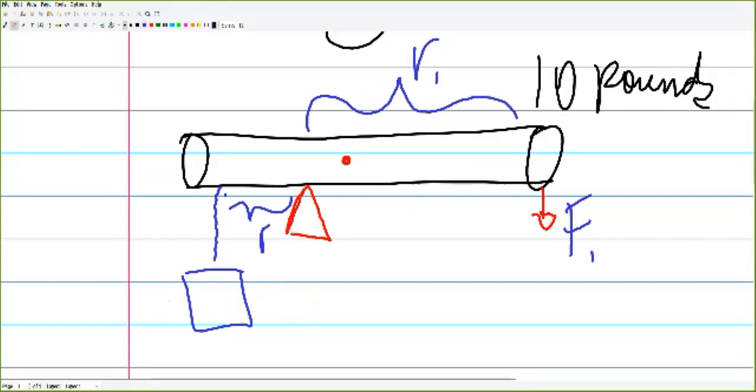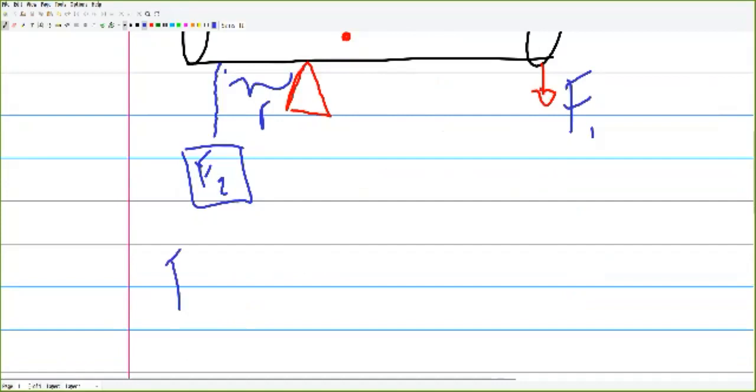It's the weight, right? G. F is equal to MA, but in this case, it's G.